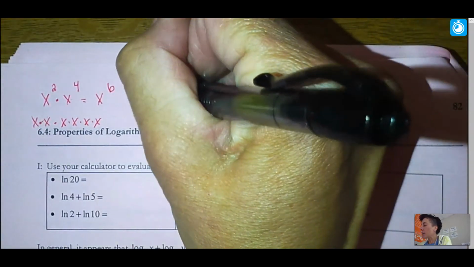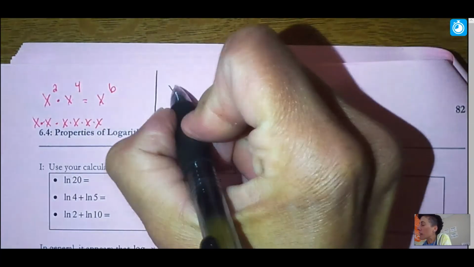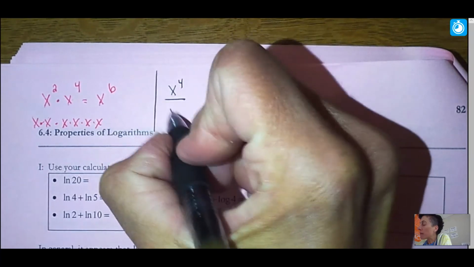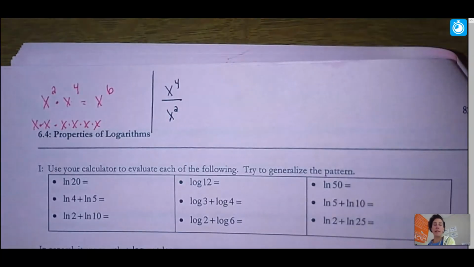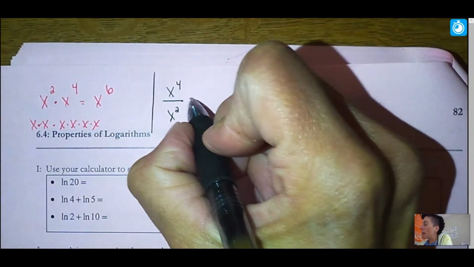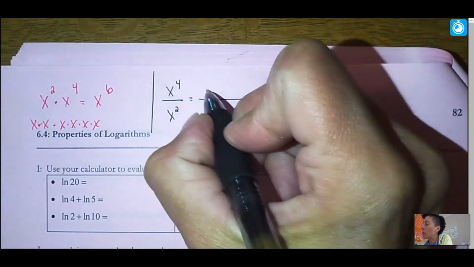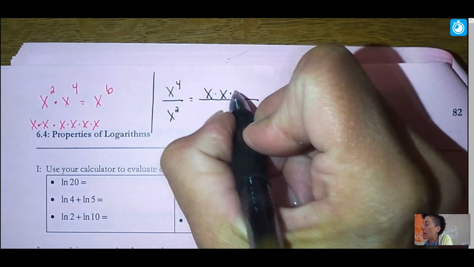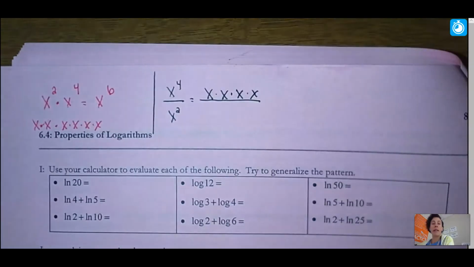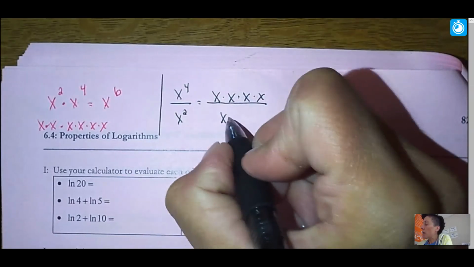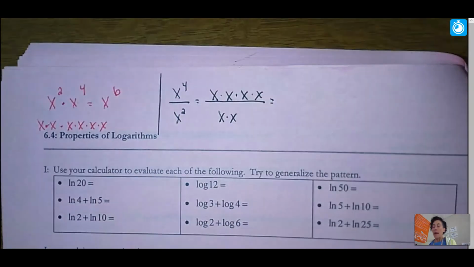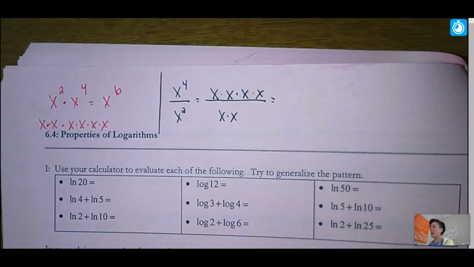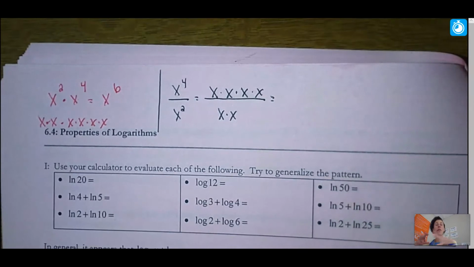All right, the next one looks like this. I'm just going to flip it around, and it's going to present as a division problem. What is happening right now is my numerator has 4 x's and the denominator has 2 x's, and then what I can do is cancel out common factors. Remember, factors are the things that multiply to one another.